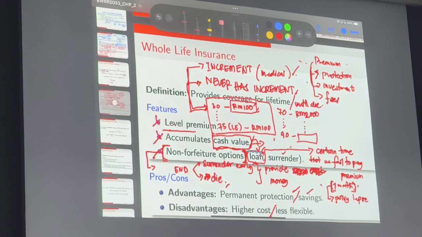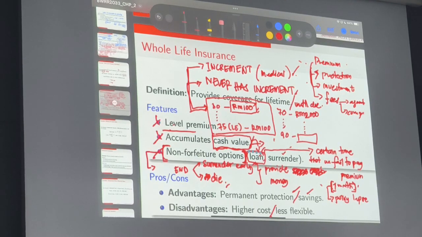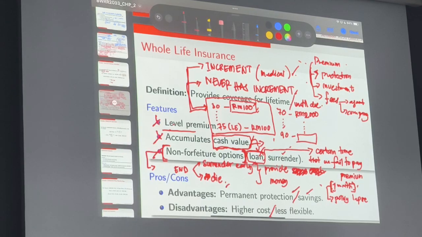Fees are mostly for the agent and for the company. So that's why life is a bit higher cost compared to term.